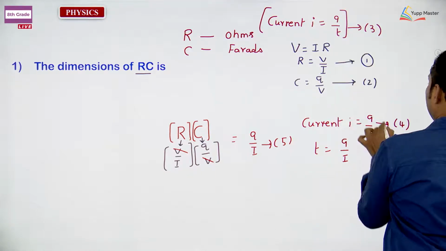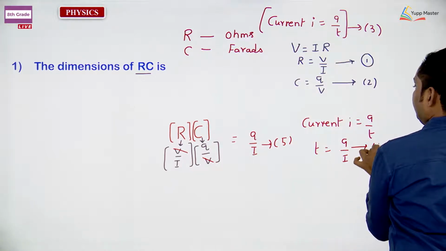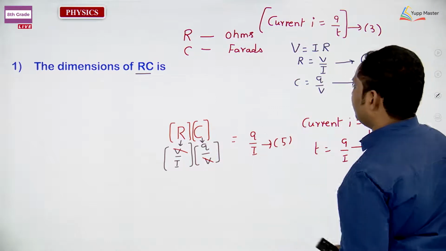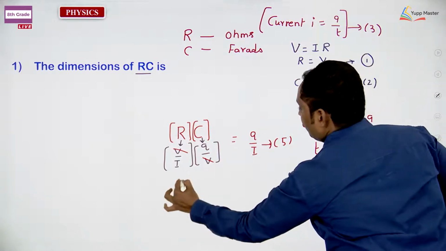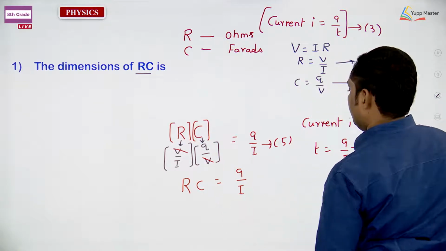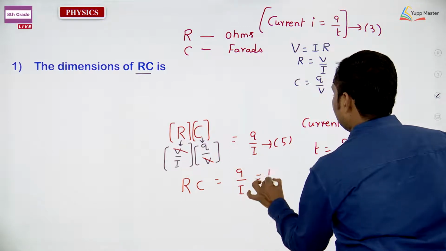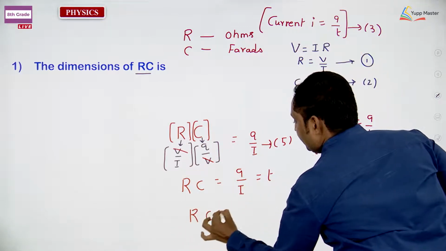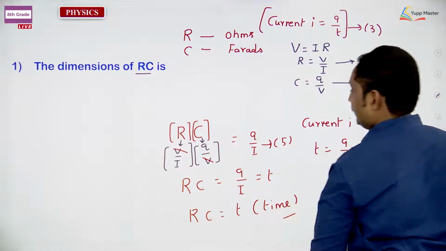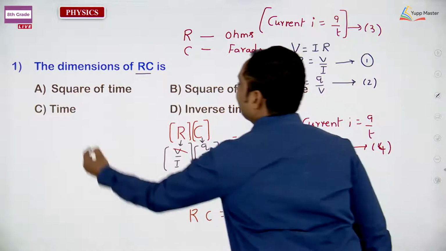We can substitute this one. Therefore RC is equal to Q by I, that is equal to T. So what about RC? Finally we are getting time. It's very clear. The dimensions of RC is equal to time.